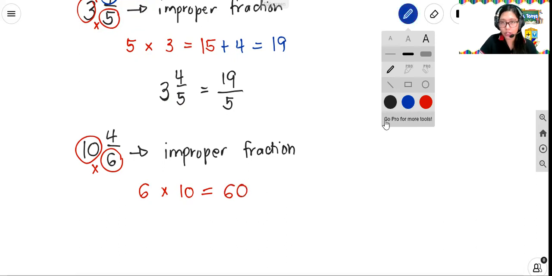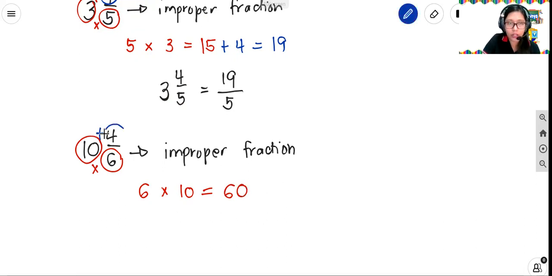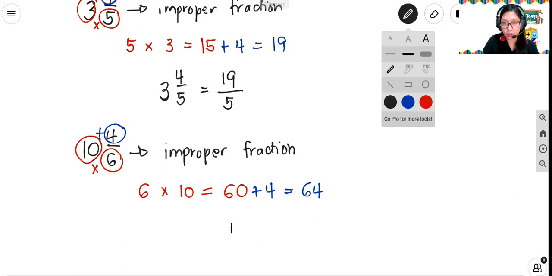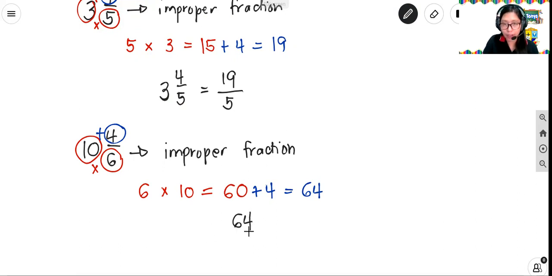And then the answer, we will add to the numerator. So 60 plus 4 is equal to 64. And 64 will now be the numerator of our improper fraction. So 64 over, what is the denominator here? It is 6. So 10 and 4 over 6 is equal to 64 over 6.